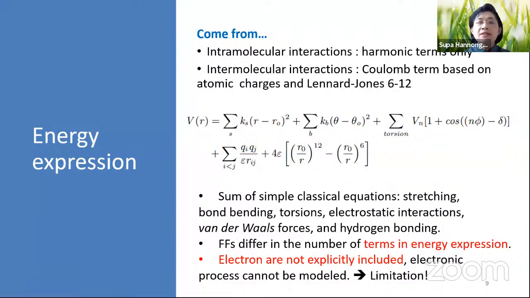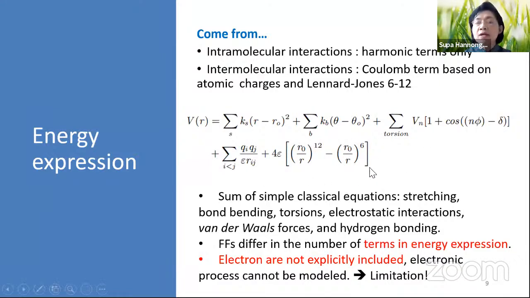So you can see that when we sum over all these simple classical equations, we have the stretching, bending, torsional, electrostatic interactions, and van der Waals forces. And sometimes we can add some other forms to the last part, for example, hydrogen bonding, which I will show you later.